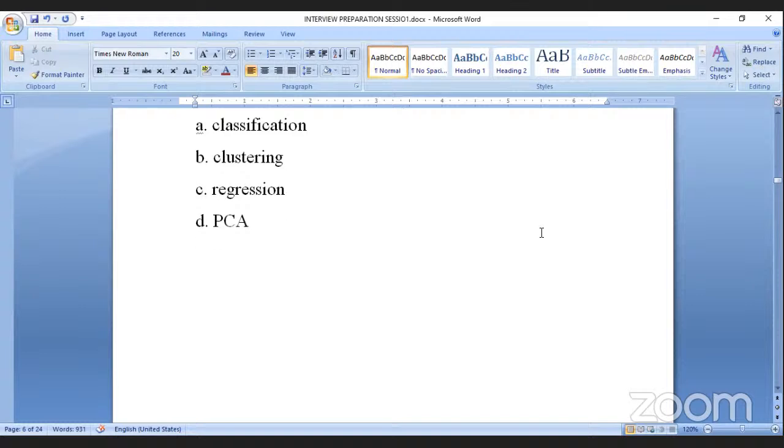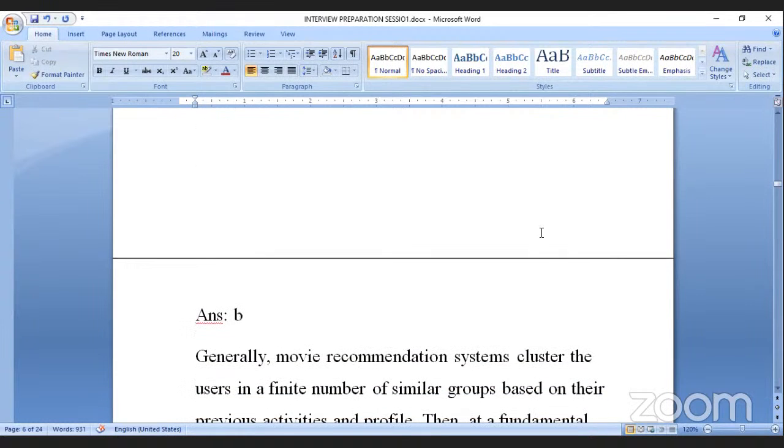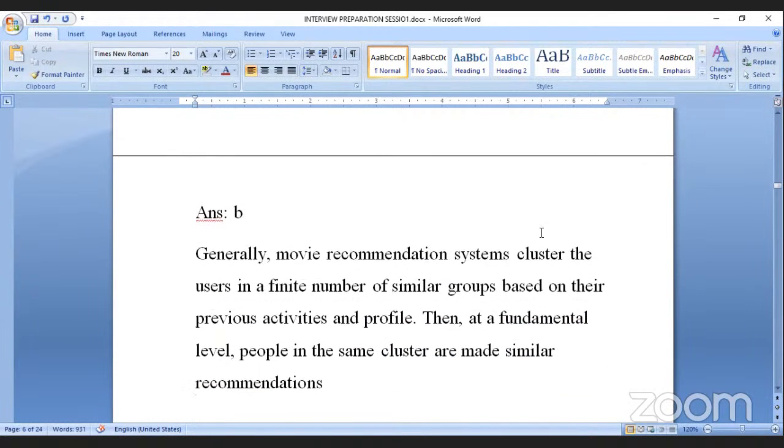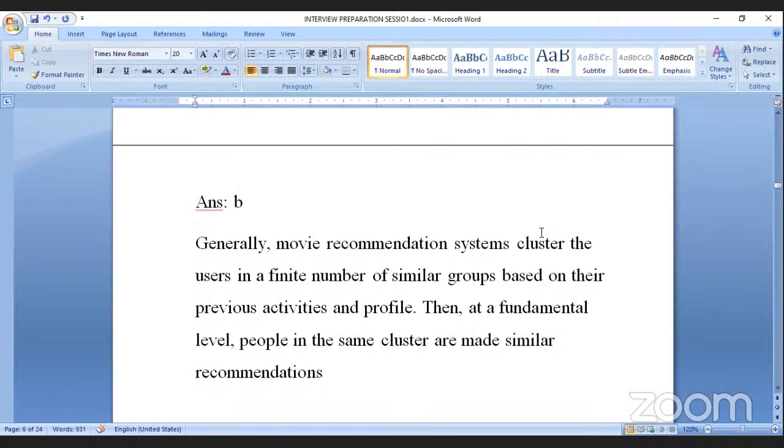So the answer is option B, clustering. We have to segregate the people with similar favorites according to their wish list. So that's why we build a movie recommendation system based on the clustering technique.